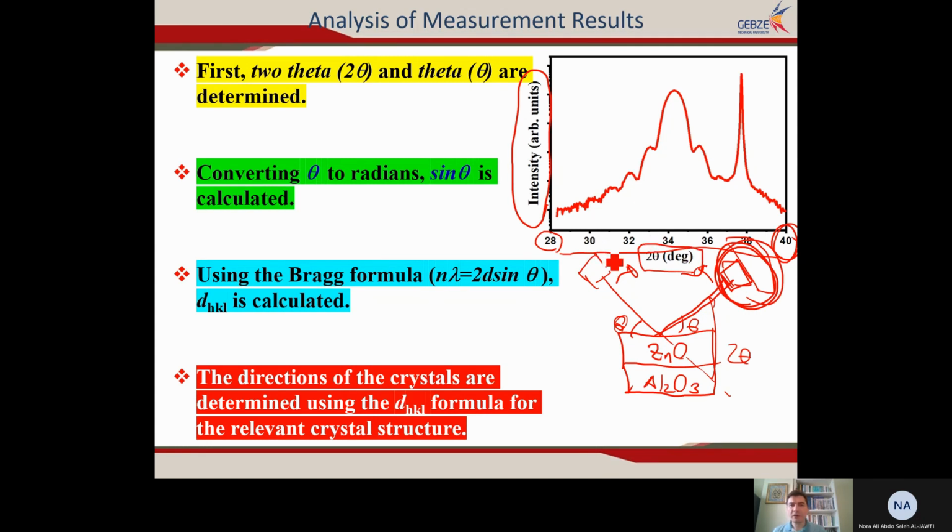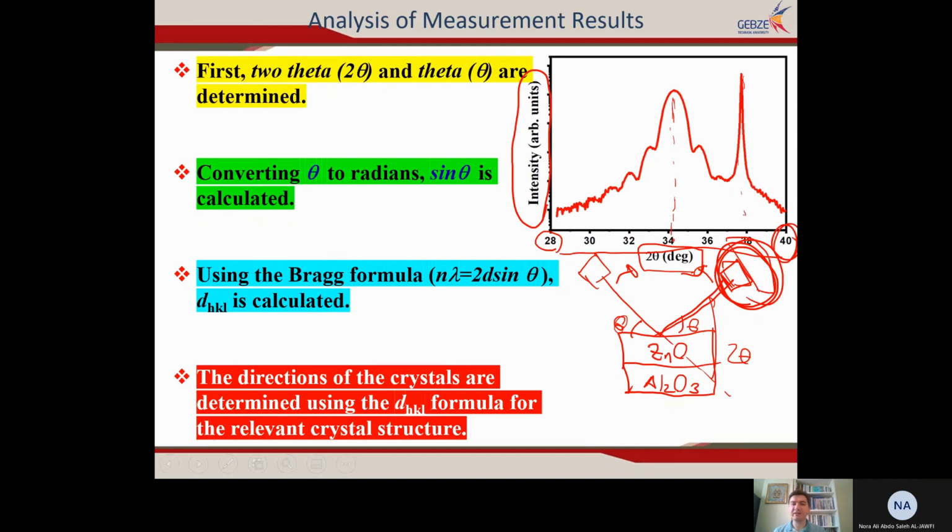Now, how do we determine the lattice parameter, the interplanar distance, and the name of this peak and of this peak? What does this data tell you, and how do you analyze it?